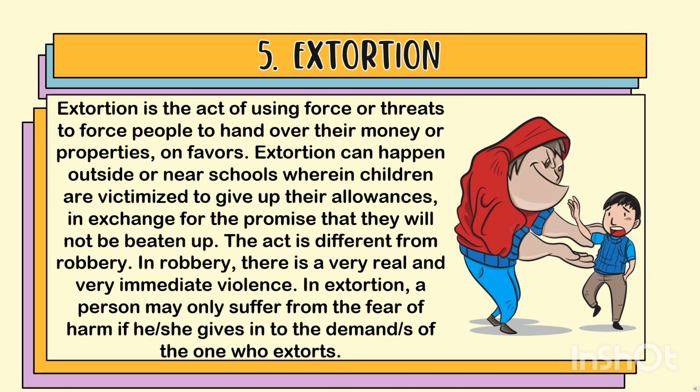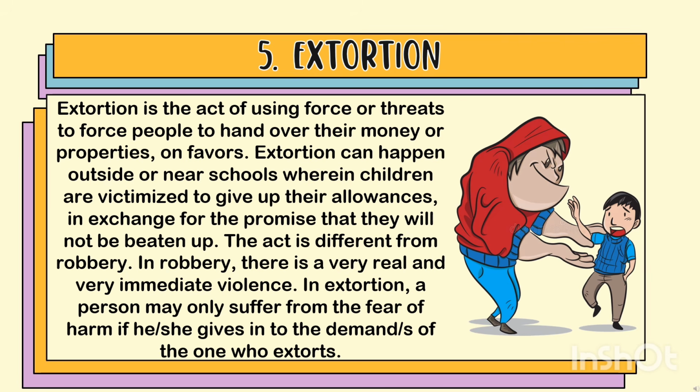Fifth kind of intentional injury is extortion. Extortion is the act of using force or threats to force people to hand over their money or properties or favors. Extortion can happen outside or near schools wherein children are victimized to give up their allowances in exchange for the promise that they will not be beaten up.